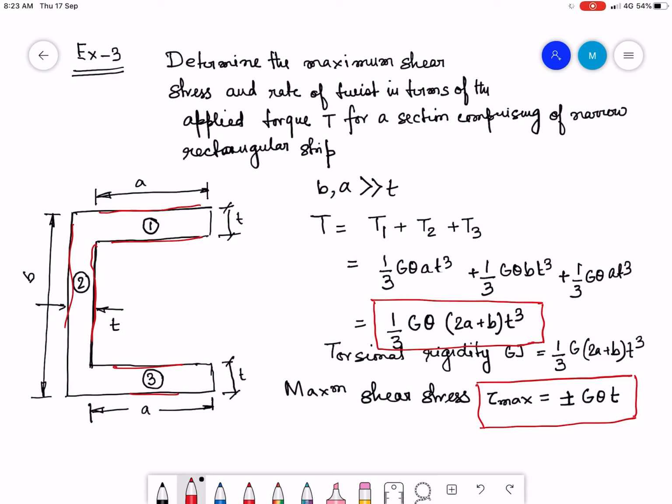Okay, now let us move into the fourth and last problem of this tutorial.